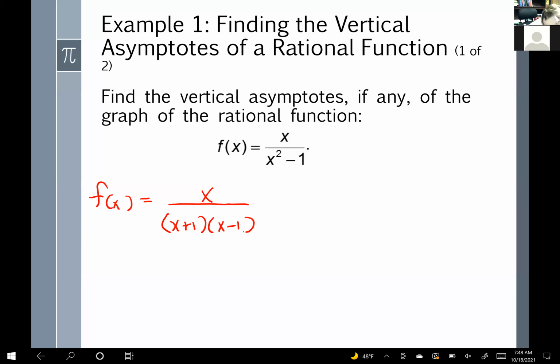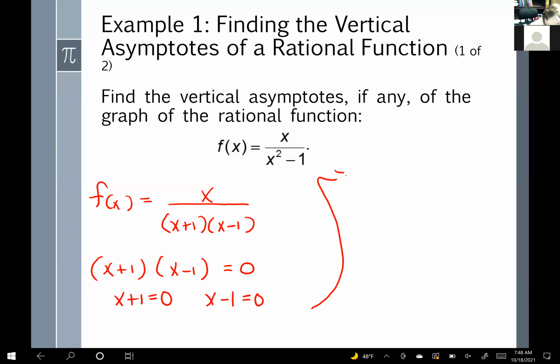So now you set your denominator equal to 0. Set each factor equal to 0. Solve the resulting linear equations. And we get x is -1 and x is +1.